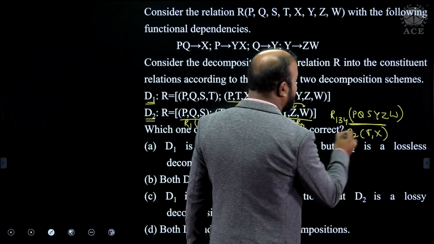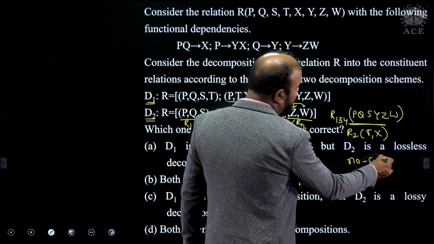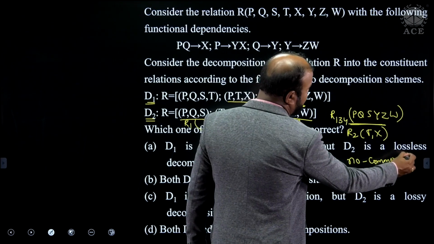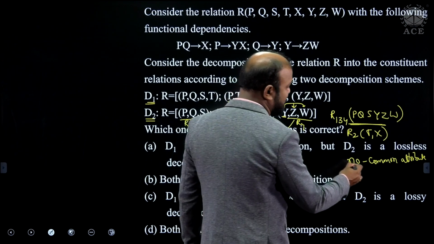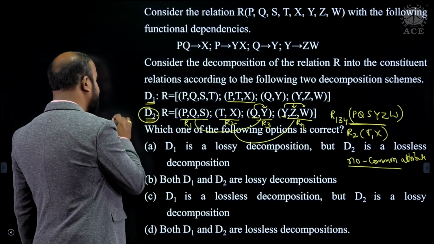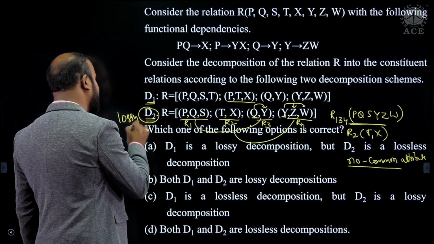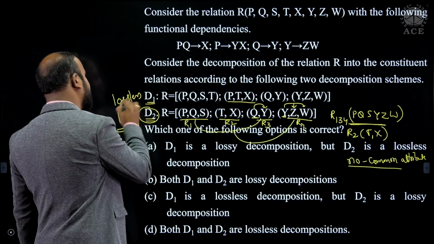Do you have any common attribute of these two? No common attributes. Because there is no common attribute, joining of the two relations is not possible, so we can say the decomposition D2 is a lossy decomposition. What is D1? D1 is a lossless decomposition.